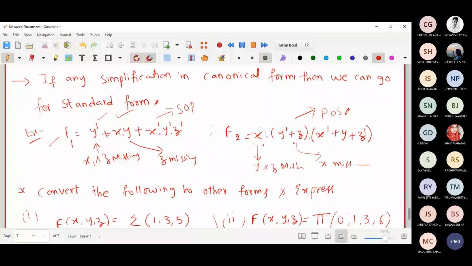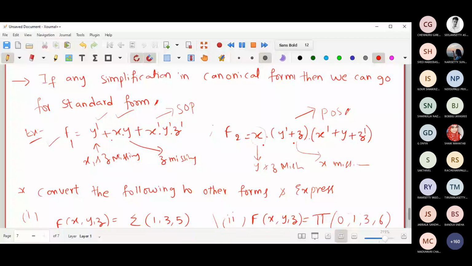Suppose for this example f1, in the first term x and z are missing. We have to include x and z in order to convert this standard form into canonical form. Including means applying some theorems, the Boolean theorems and Boolean laws, to include the missing variables. In the second term, z is missing.